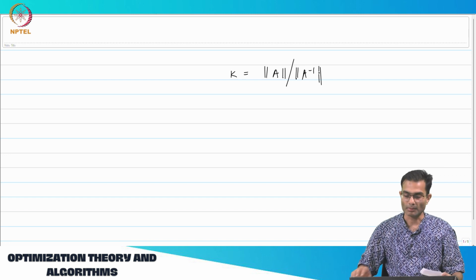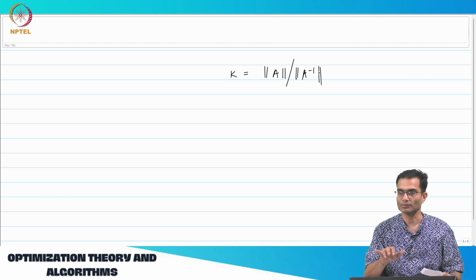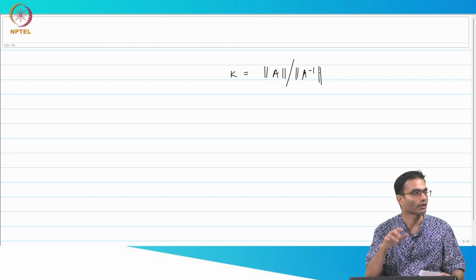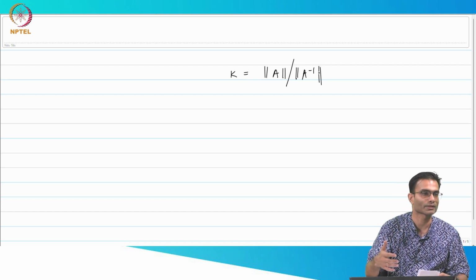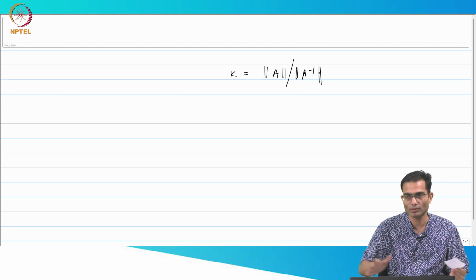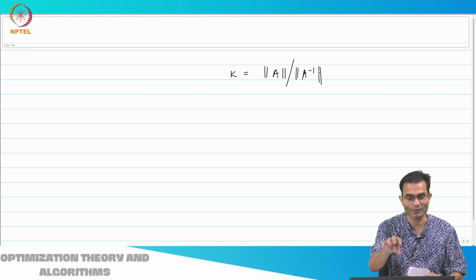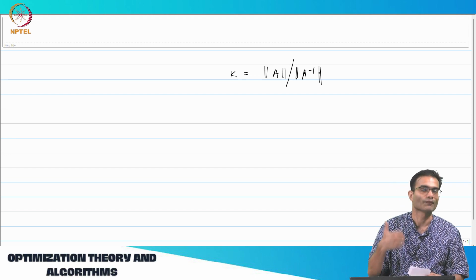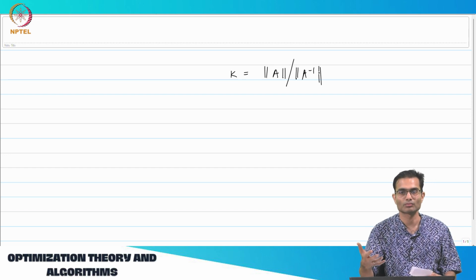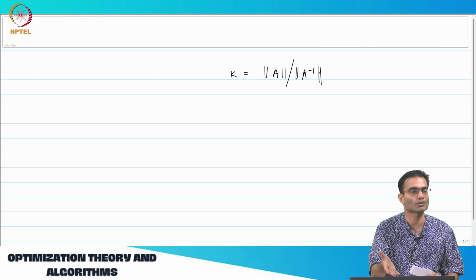Remember, this is the definition of condition number. This is not in practice how you will calculate the condition number numerically. It's a whole branch of numerical linear algebra to calculate the condition number without obviously expending order n cube. So no one's going to do this.